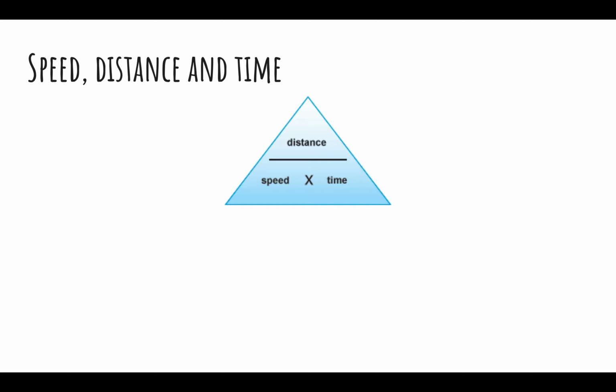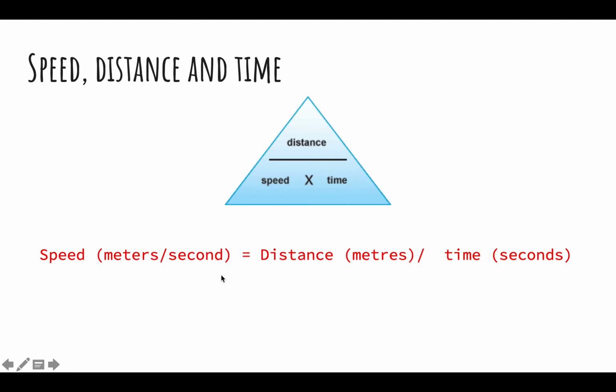Okay, so the classic speed, distance, and time equation: speed is equal to distance divided by time. If you cover up the speed, you'll notice it's the distance divided by the time. So that's what speed is. It's how far you've travelled, the distance, and how long it's taken you.